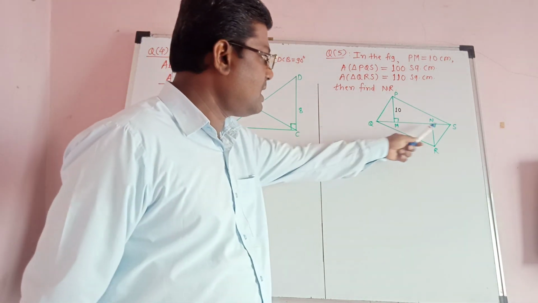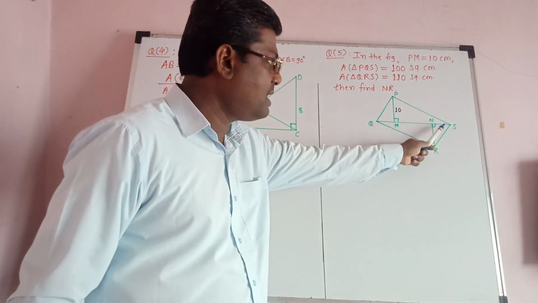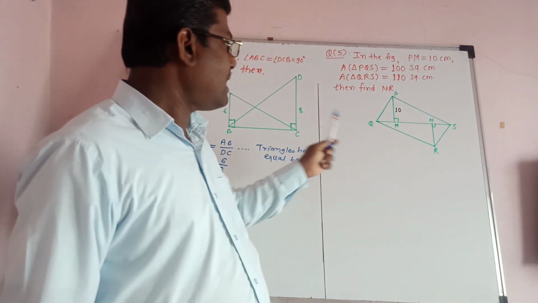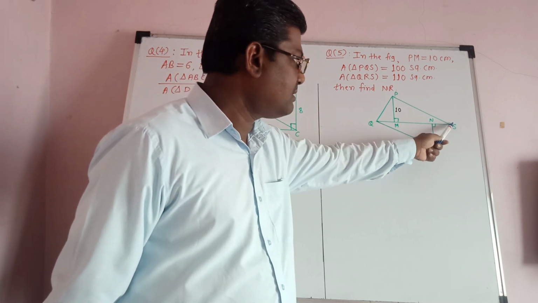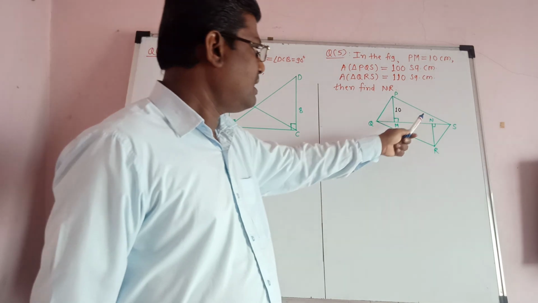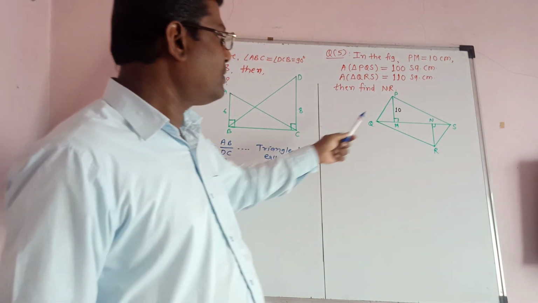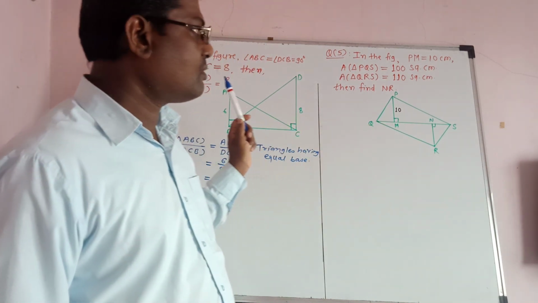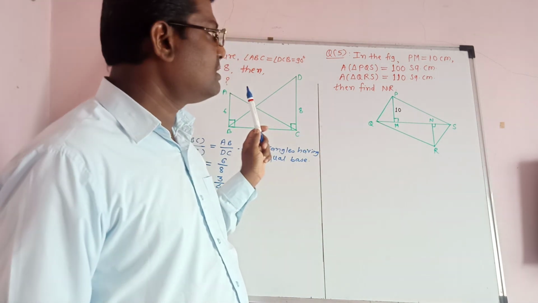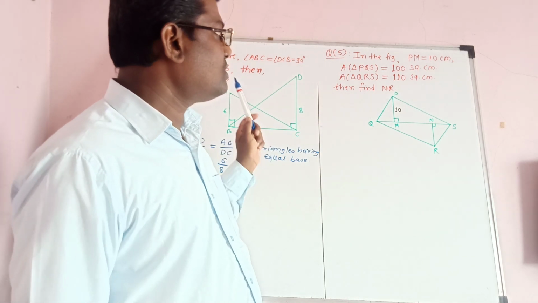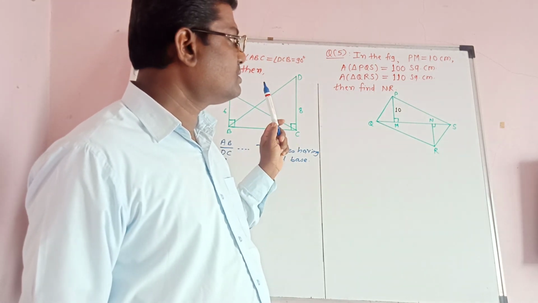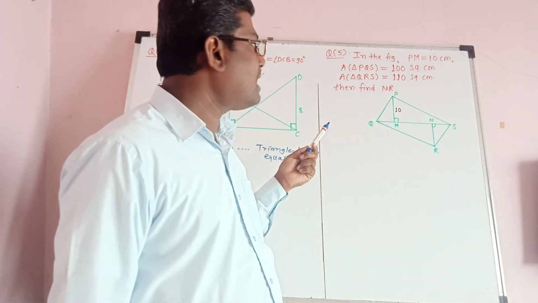Triangle PQS has QS as base and PM as height. Triangle QRS also has QS as base and NR as height. Therefore, these two triangles have a common base and their heights are different.